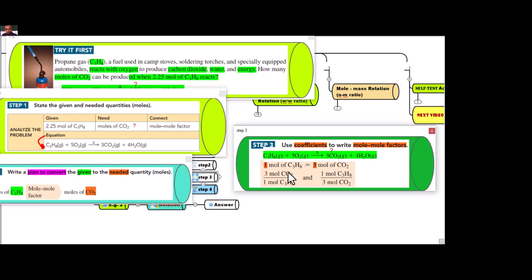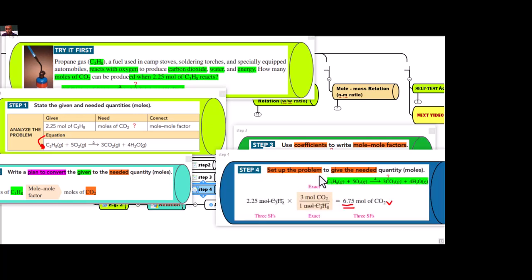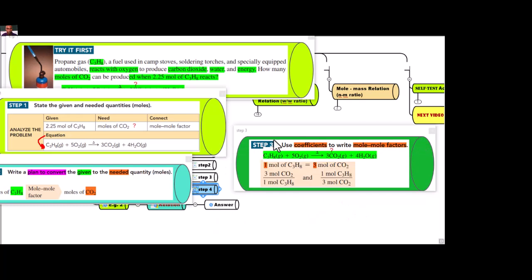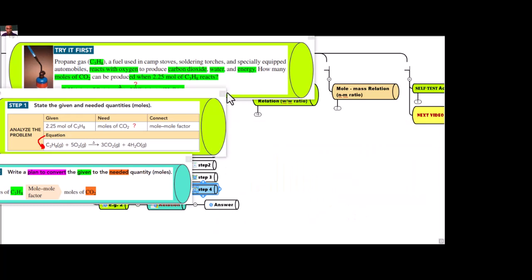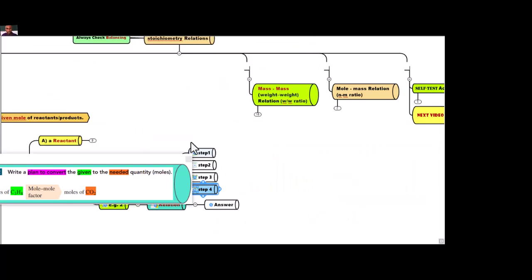So you can use the mole factor in terms of mole of carbon dioxide to propane or propane to carbon dioxide. In step 4, we set up the problem to give the needed quantity: 2.25 mole of propane times the mole factor will give us 6.75 mole of carbon dioxide. This is example 1, how to calculate the mole of the product from the given mole.